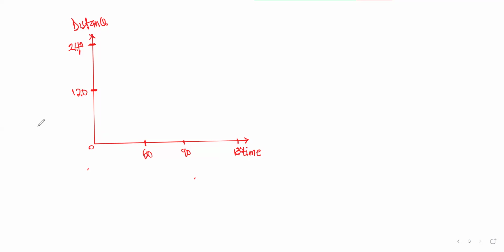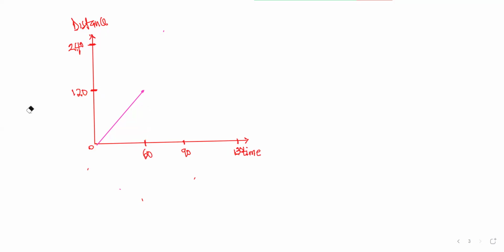She went through uniform velocity. So let's indicate where the distance and the time would intersect. The slope is the uniform velocity.